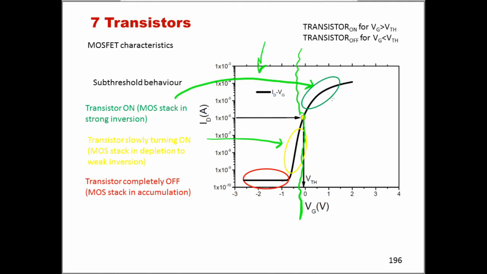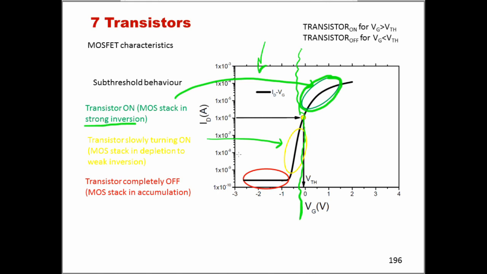We can start from the part that we now have understood, where when the MOS stack is in inversion, the transistor is on. And so we are up here in our trans characteristic. So the MOS stack is in strong inversion.